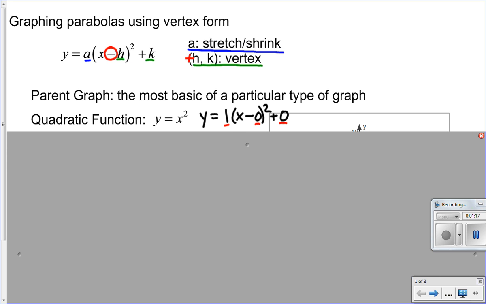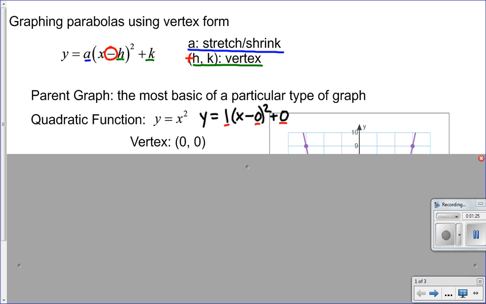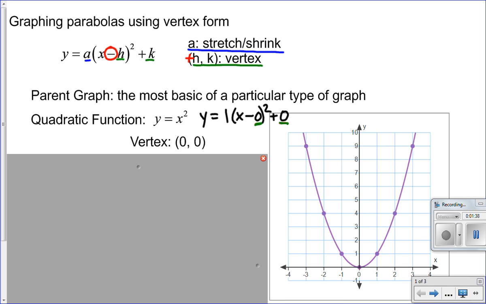And notice if you were to simplify that, you would get the x squared back. So that tells me that the vertex in this case will be at 0, 0, because our a value is 1, our h value is 0, and our k value is also 0. So when we graph that, we'll have a point here at 0, 0.